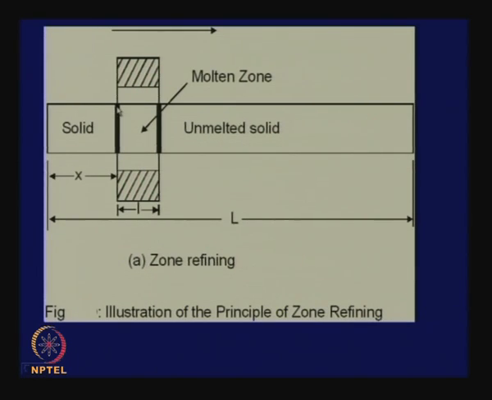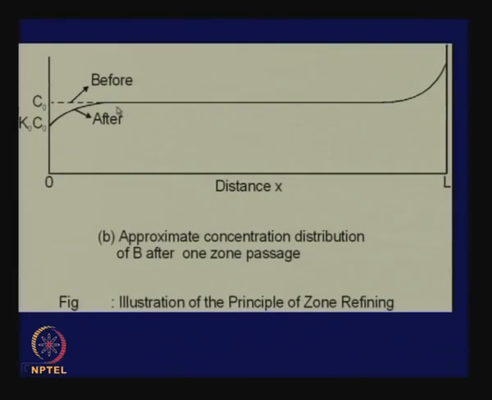Well, this is an illustration of the principle: the approximate concentration distribution of B after one pass will be like this. After one pass, we would have taken the concentration of impurities to one side, and it would have been lowered here, because we have taken out the impurities from this side by dissolving them into the liquid layer, and the liquid layer keeps on moving and goes there.